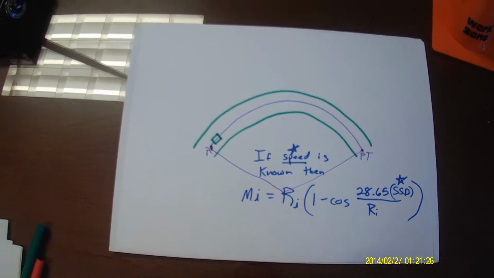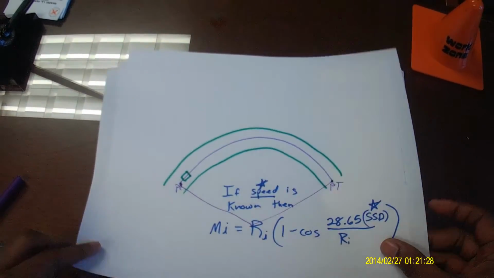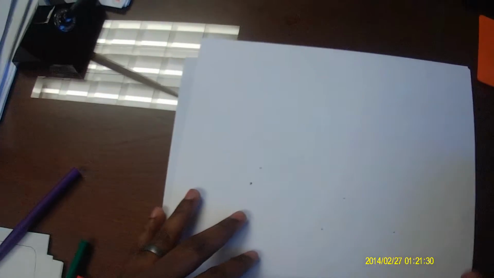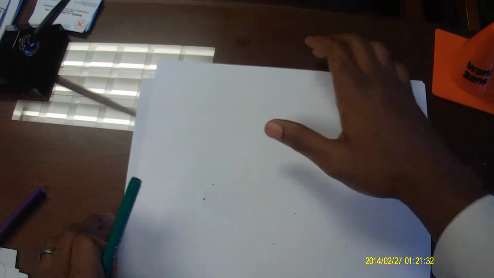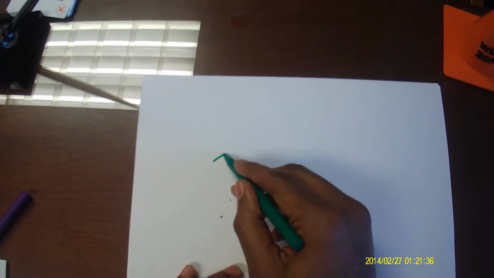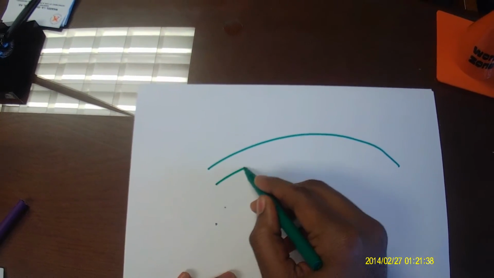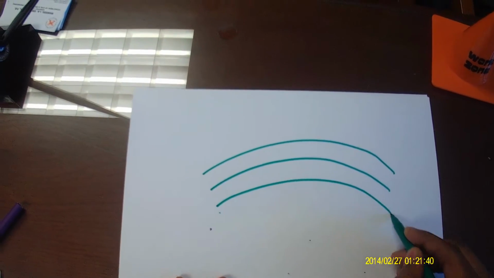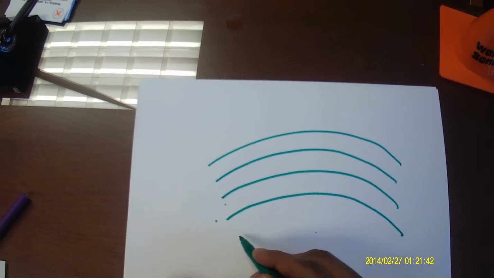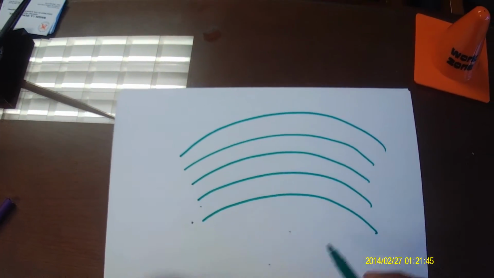However, if I were to change this into being represented as many lanes, let's just say I had 1, 2, 3, 4 lanes there.